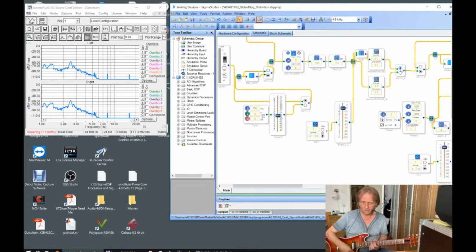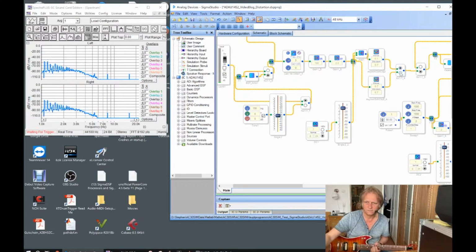It comes at the lower distortion, so more in the lower level range. When the guitar levels down very much, you hear the difference of symmetrical or asymmetrical.